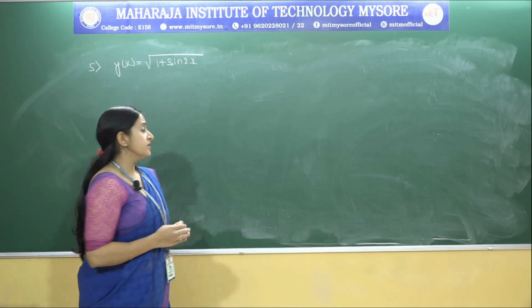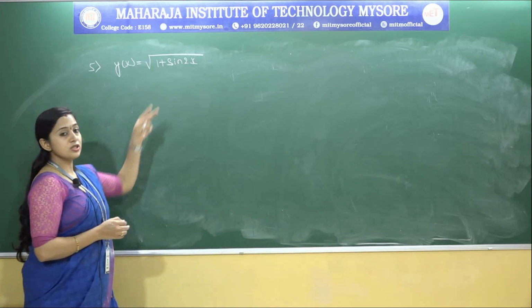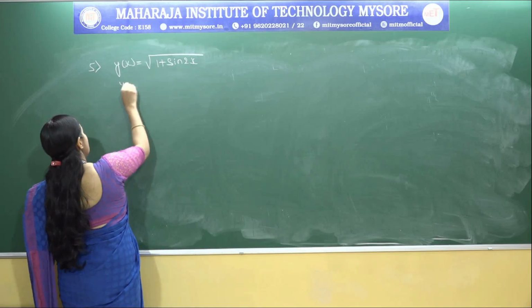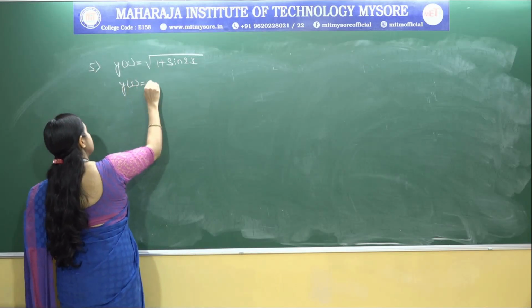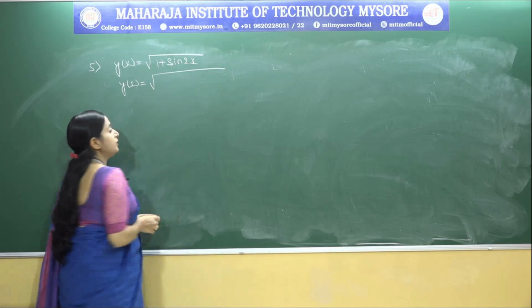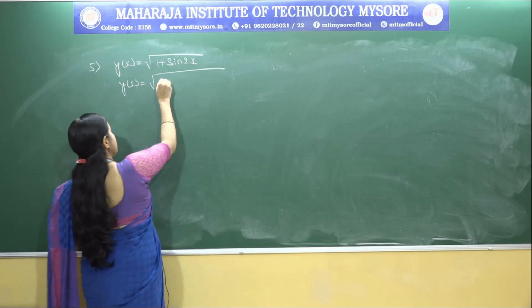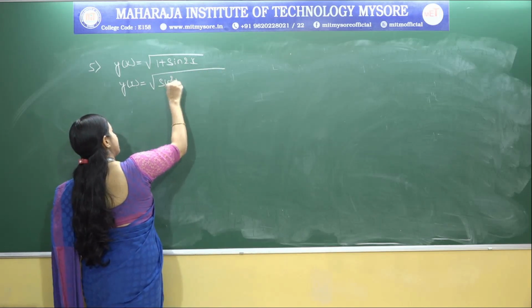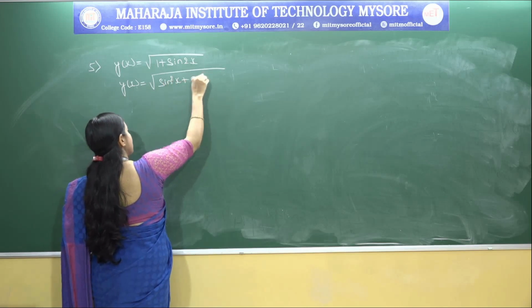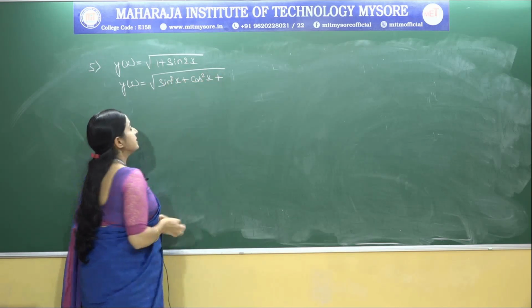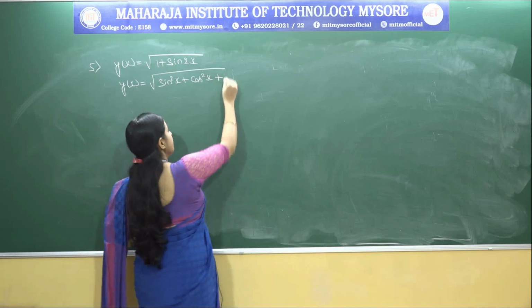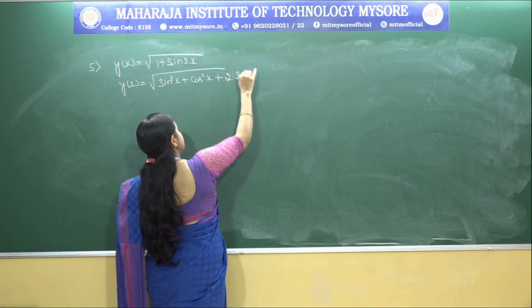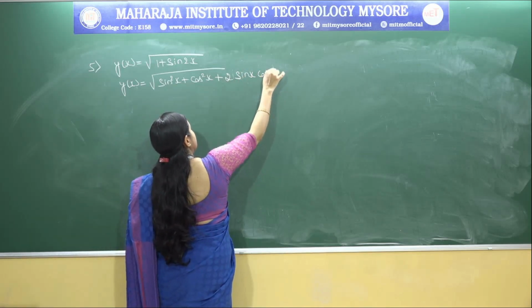To avoid that, I just write this 1 using the formula, so take this term as y of x equals square root of, write the 1 as sin square x plus cos square x, plus sin 2x, you can write it as 2 sin x into cos x.